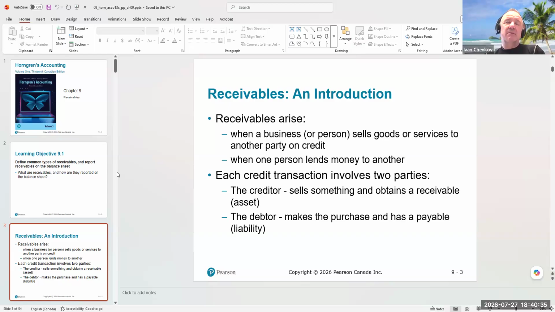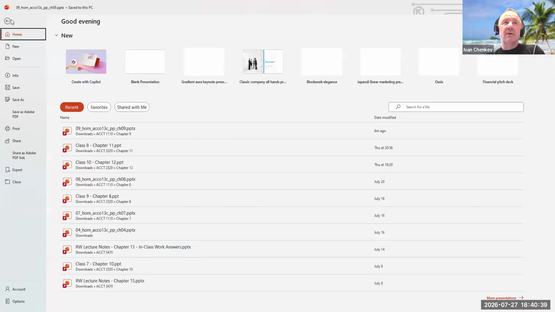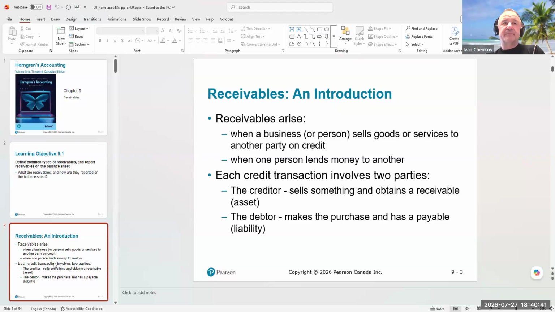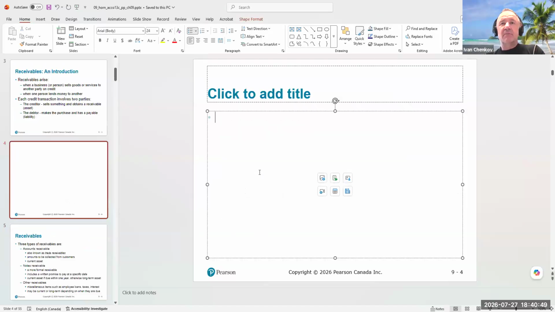So let's remind ourselves just for a second, what was the whole idea with accounting? I'm going to plug in one new slide, and I'm going to use this slide to explain to you very quickly.